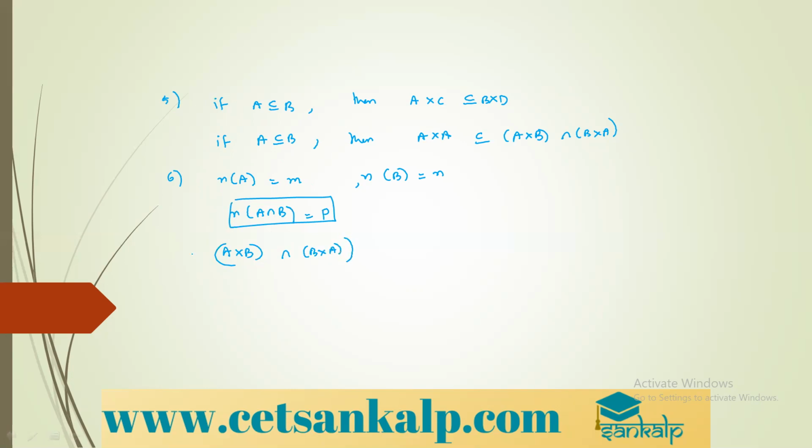In this set, the number of elements will be P squared. This is the shortcut method.